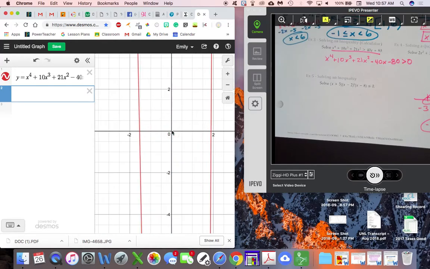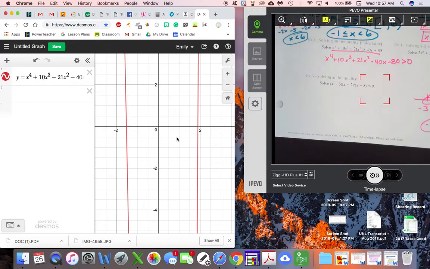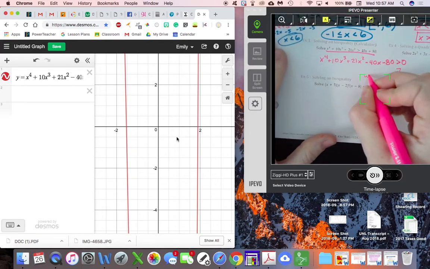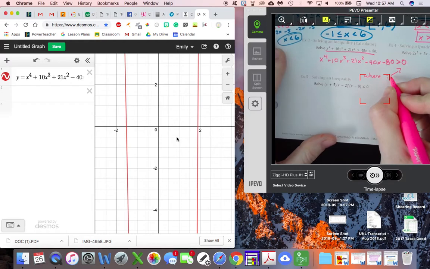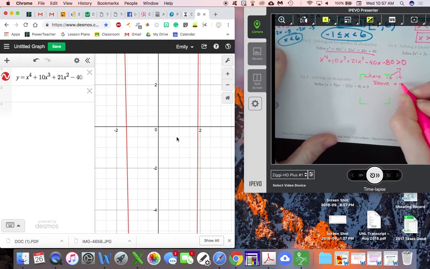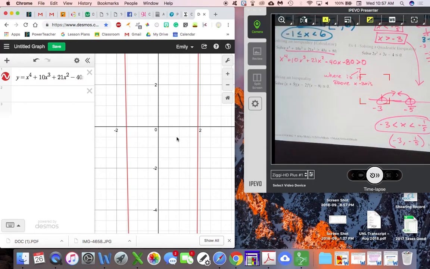Okay, it's doing some wiggly things up there, but I really only care about this thing. All right, I graphed that whole thing, just the left side, and I want to know where that is greater than 0. Basically, this is like saying, where is it above the x-axis? That's what greater than 0 means, right? Bigger than 0 means that your y's are above the x-axis.